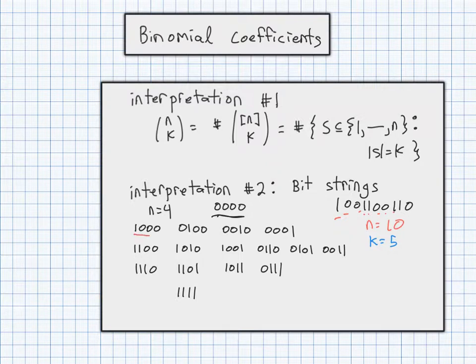On the other hand, we see that there are 4 bit strings of length 4 that have exactly 1 one. And there are 6 bit strings of length 4 that have exactly 2 ones. And 4 bit strings of length 4 that have exactly 3 ones. And 1 bit string of length 4 that has exactly 4 ones.